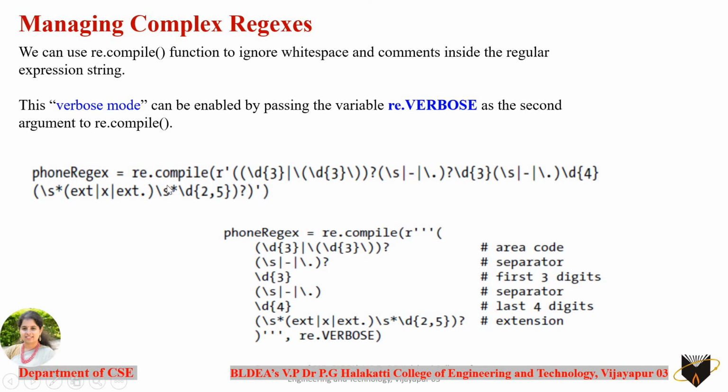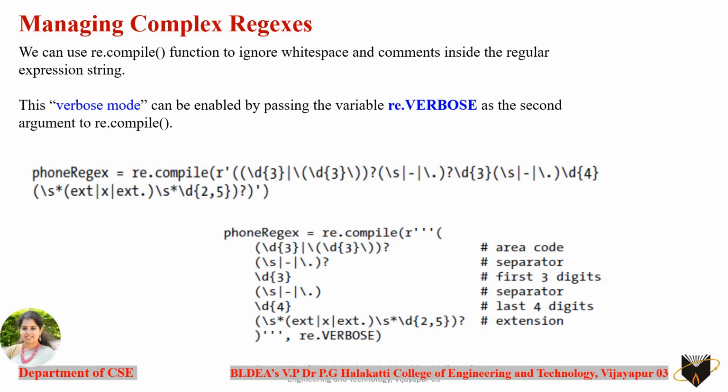For example, you can see here re.compile is used, where we have this regular expression as a pattern. But if you look at this regular expression pattern, it is quite difficult to understand what each of these characters, or each of these design patterns, has been taken for. In such a case, you might need to write comments, but it is quite difficult to include comments as part of the regular expression pattern, which should not be considered for execution.